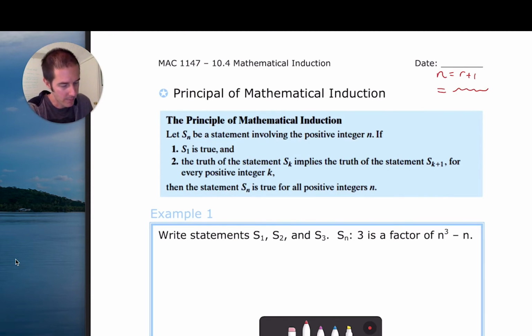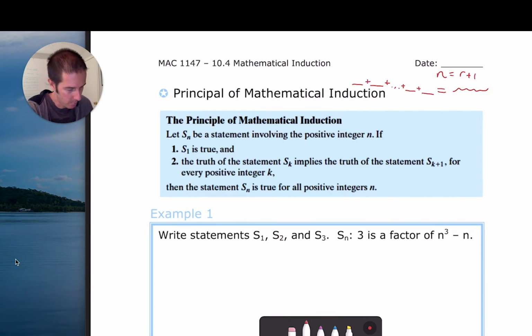What's that going to look like when I have r plus 1 terms over there? Well, it's going to look like this. I'm going to have a term here, and then it's going to be added to another term here, and then added to a bunch of other terms. Actually, I'm going to slide this over just a little bit. I want a little bit more room. So everything is the same. You're going to have a term, plus a whole bunch of other terms, I don't know how many, plus the rth term, plus the r plus first term.